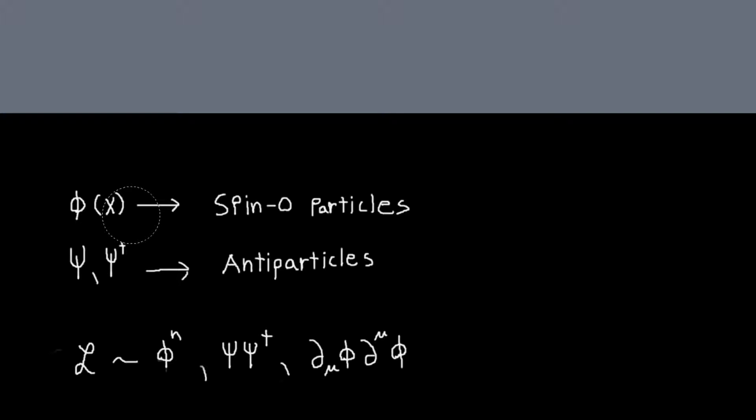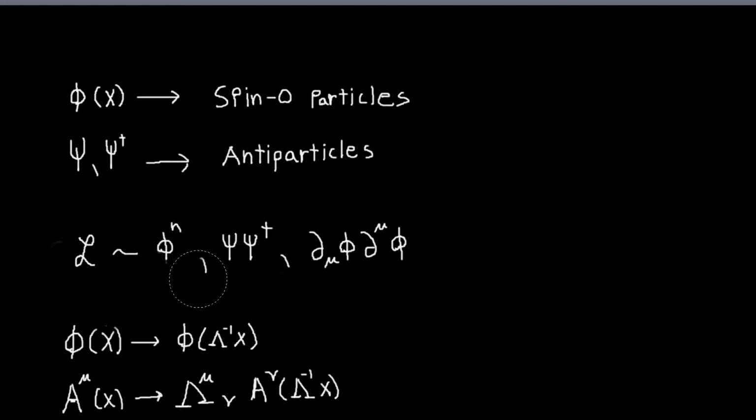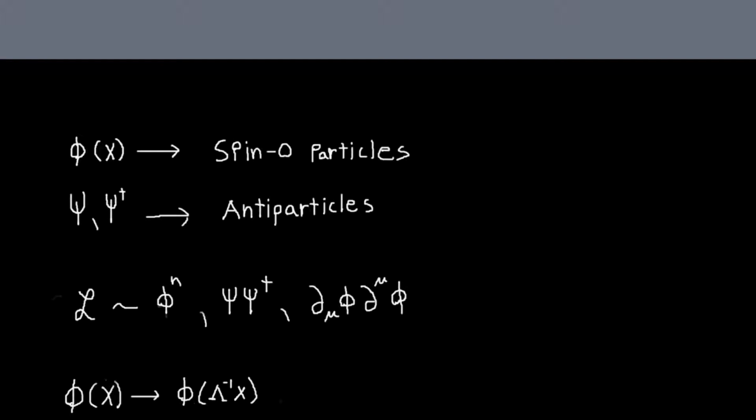So it's easy to build a Lagrangian out of them because, for example, the scalar field transforms pretty much automatically like it should. So we can just have powers of scalar fields and do whatever we want with them, basically. And we will be guaranteed that we'll have a Lorentz invariant Lagrangian.